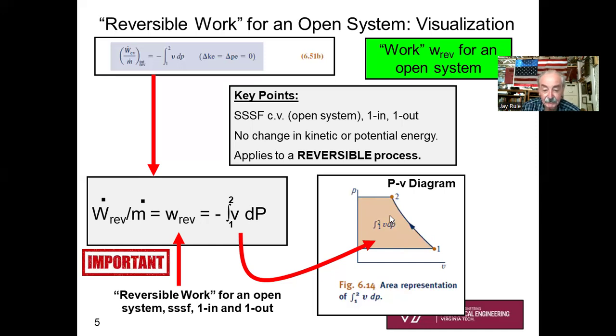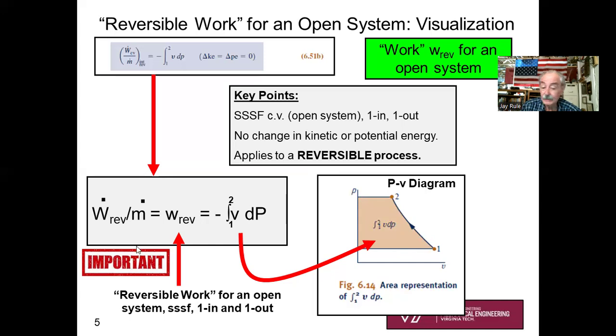That's the visualization of work out. And of course, the negative sign: going from 1 to 2, you're kind of integrating from right to left if you cock your head around. So the minus sign is what takes care of that. That's what makes it positive.